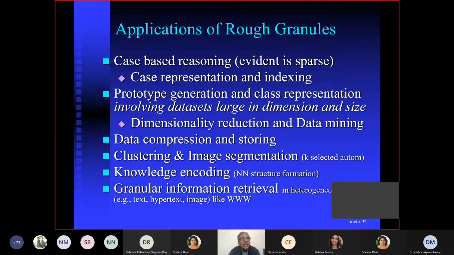They do not go by the distribution of the cases. They have stored some of their previous patients' symptoms. That is their cases. So it's called case-based reasoning. That means you make reasoning and decisions based on previous cases, not based on any kind of distribution. So when evidence is sparse, you go by case-based reasoning. That's why case-based reasoning has become so popular.